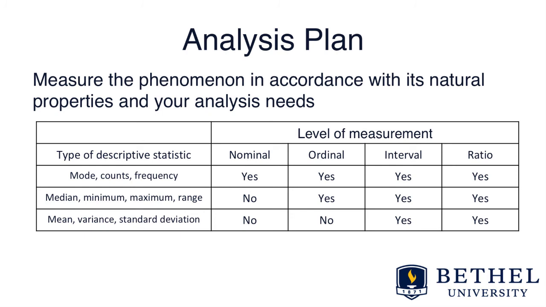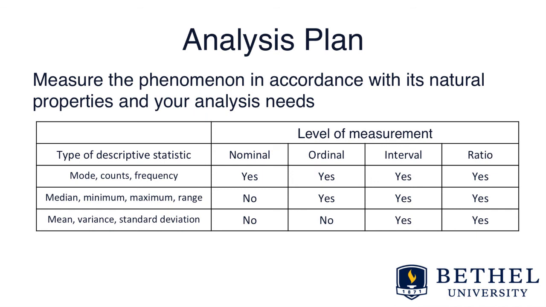And what happens is then they try to do some comparisons, in particular using regression or other statistical techniques that require having a mean. And you can't do it because you can't calculate means from anything other than interval or ratio data. So if your analysis plan includes doing any kind of statistical testing that will require a mean or an average, you have to figure out how to measure that phenomena with an interval or a ratio scale, or you have to measure some other construct to get at the same idea.